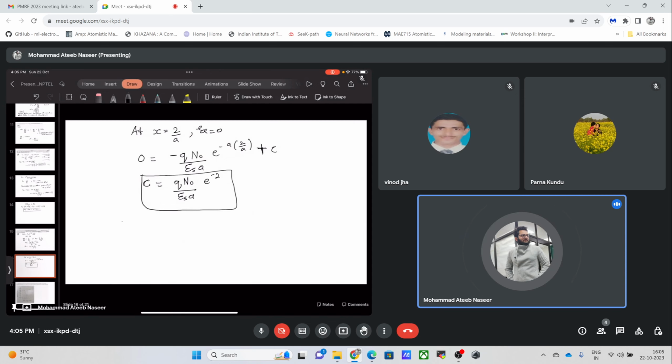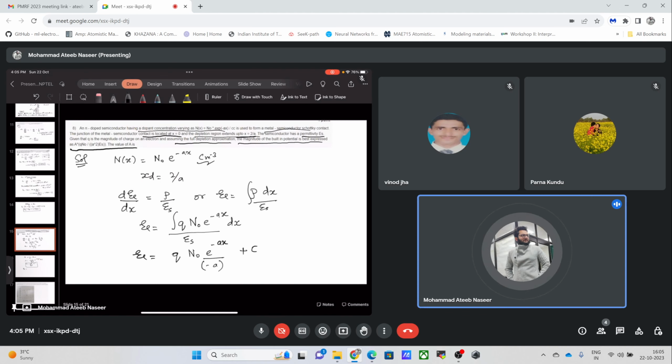Okay, so the electric field is simply equal to, let me check once again, the summation of these two, which will be simply, let's take this minus q n naught by a common. Sorry, it should also have the epsilon s in the denominator.